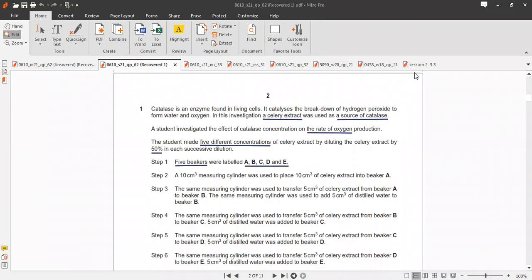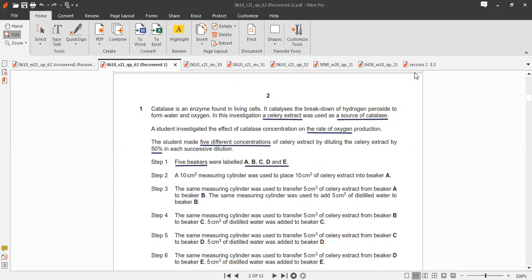A student investigated the effect of catalase concentration on the rate of oxygen production. The student made 5 different concentrations of celery extract by diluting the celery extract by 50% in each successive dilution.